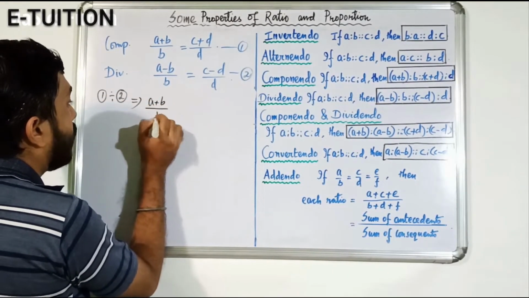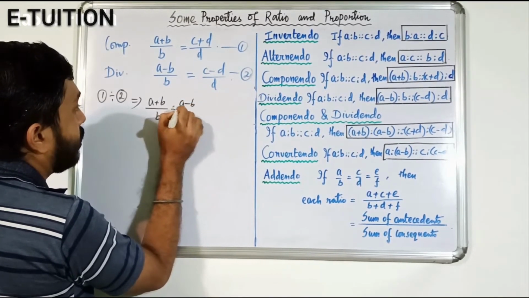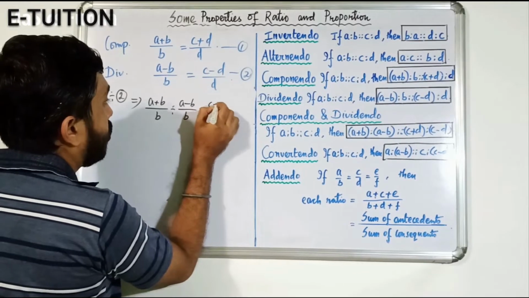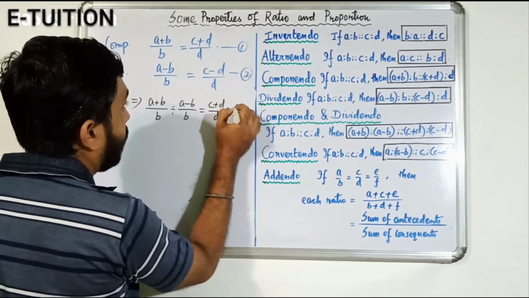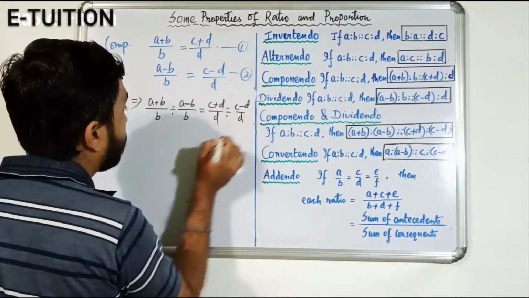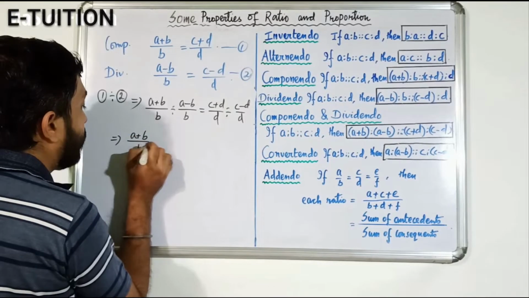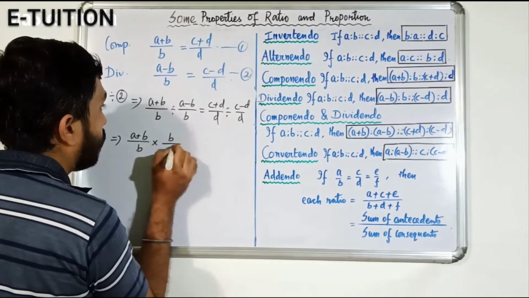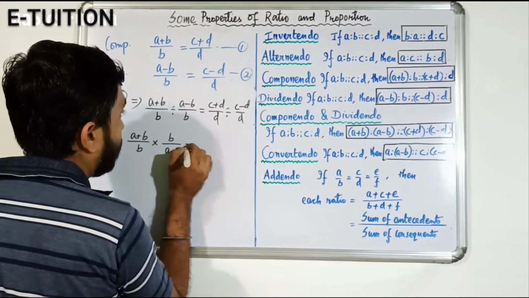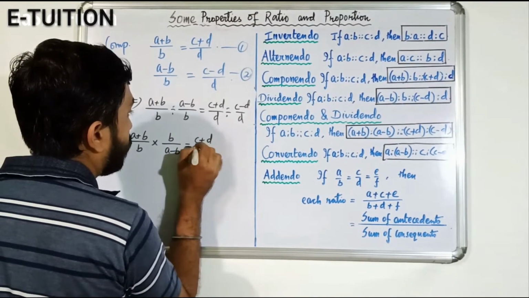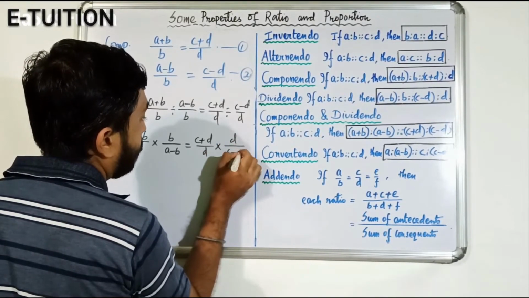(A plus B) by B divided by (A minus B) by B is equal to (C plus D) by D divided by (C minus D) by D. (A plus B) by B into B by (A minus B) is equal to (C plus D) by D multiplied by D upon (C minus D).